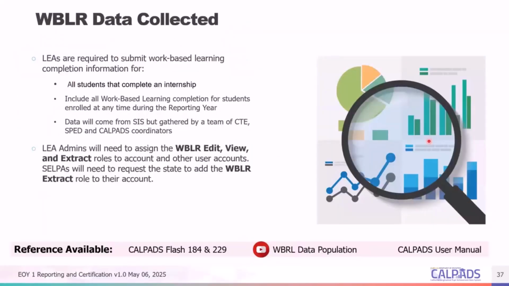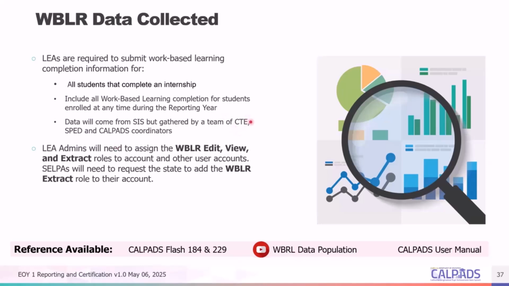So what data is being collected? LEAs are required to submit work-based learning completion information for all students that complete an internship, and it includes all work-based learning completion for students enrolled at any time during the reporting year. And of course, this data will come from the CTE, SPED, and CalPADS coordinators.